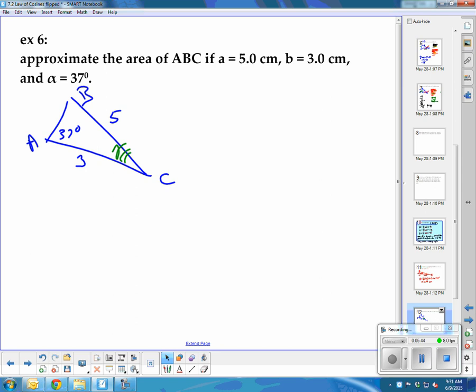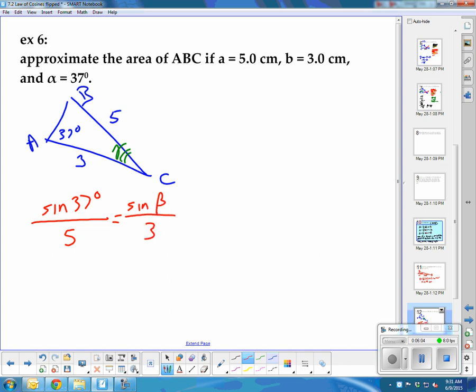So I'm going to go through that, but I don't think I can find C directly. I'm probably going to have to use the law of sines using my complete ratio. Sine of 37 degrees over 5 equal to sine of beta over 3.